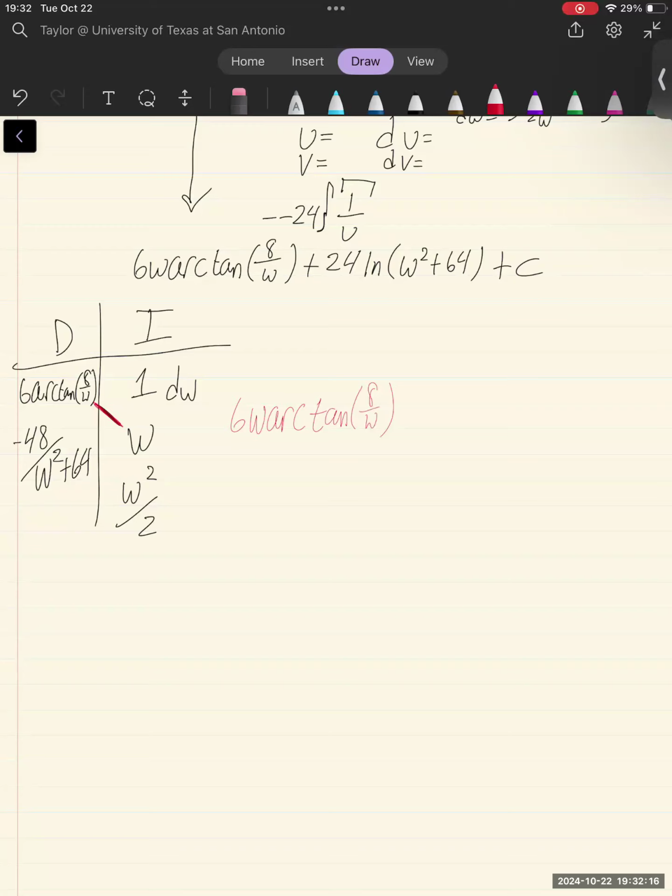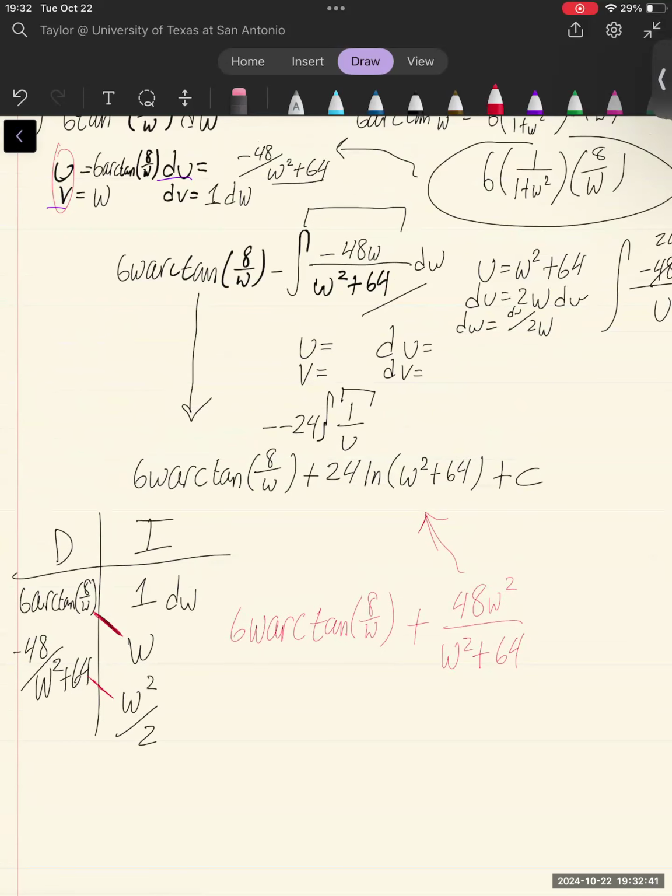And then we would have a minus here, and then a plus because of the negative 48. But if I multiply these two expressions, what do I get? I get 48w squared over w squared plus 64. And are those two equal? We know that the conventional method is always going to be correct, right? Nice. Thank you, William.